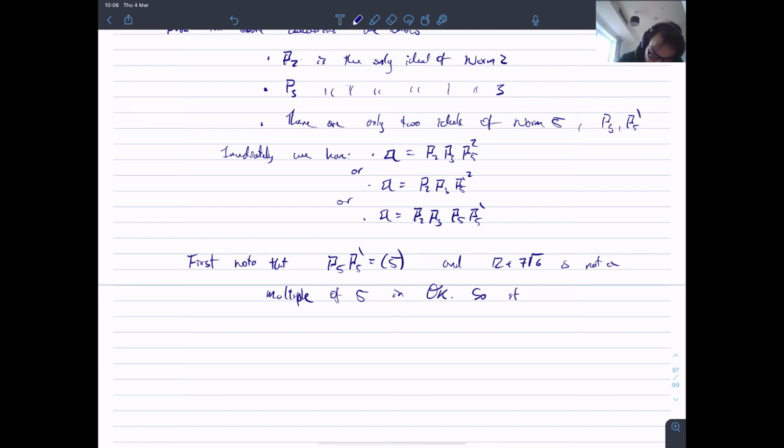So it can't be option 3. If this thing was divisible by the number 5, then 12 plus 7 root 6 over 5 would have to be an algebraic integer, and I just check its norm or its trace, and one of those won't be an integer, so you get a contradiction.